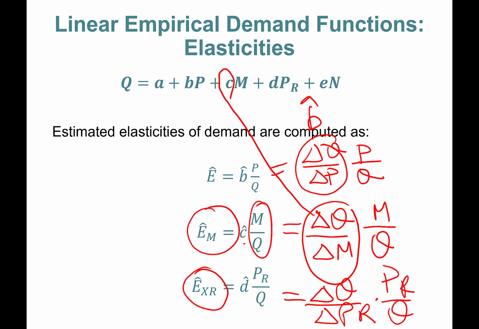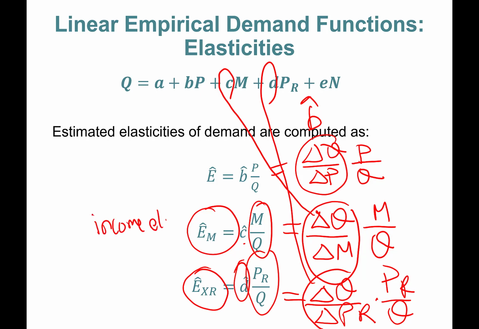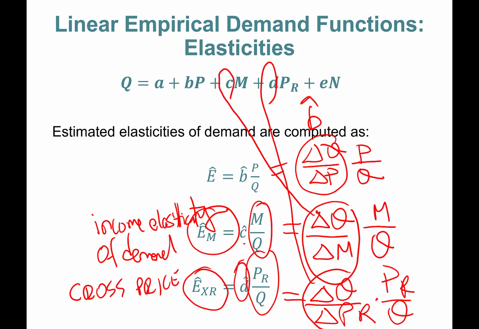Okay, so it's going to be, because delta Q over delta PR is equal to D hat, D hat times PR over Q. So this is income elasticity of demand, and this is cross price elasticity of demand.